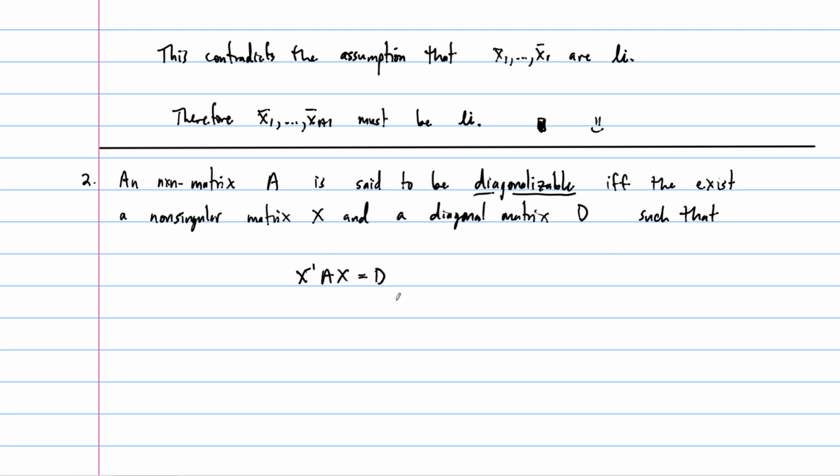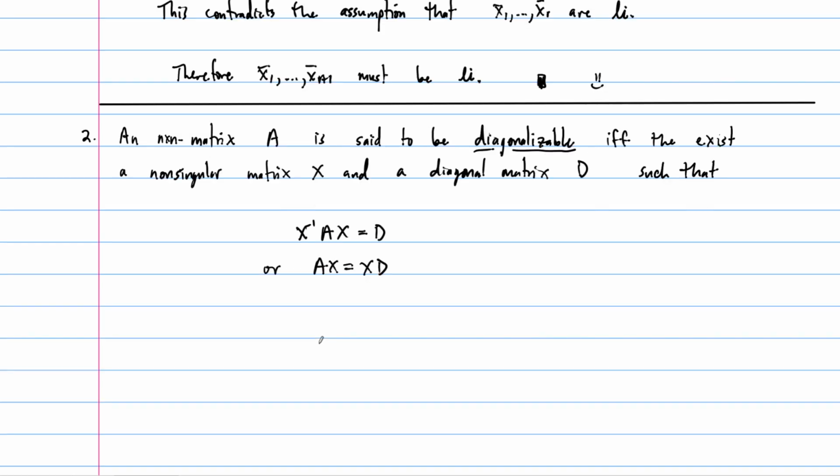That's the diagonalization of A. Another way to write this is, of course, that A times X is equal to X times D, just multiplying X on the left-hand side of both sides of the equal sign. But then obviously the right-hand side is no longer diagonal, so this definition is to isolate the diagonal matrix.